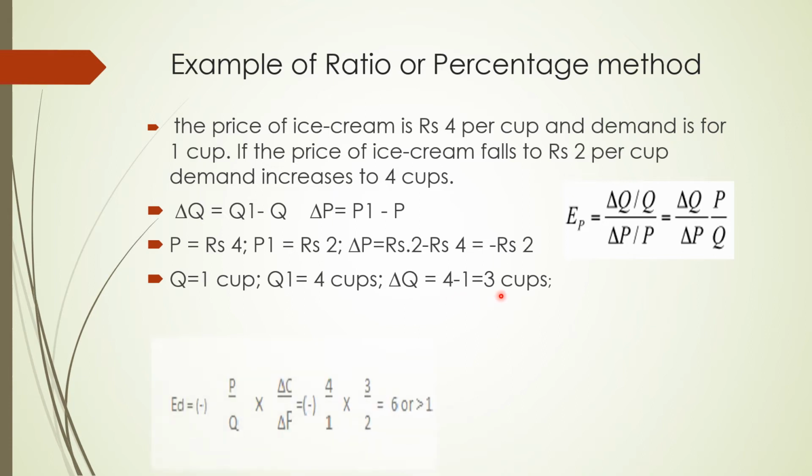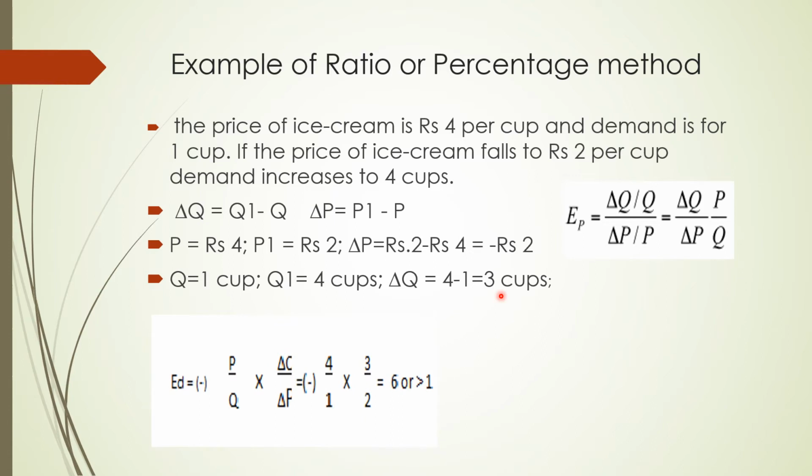So as you solve this one, here we need delta P, delta Q, P and Q. P is 4. Q is 1. Delta Q is 3. Delta P is minus 2. Why we ignore the minus, I will say afterwards.